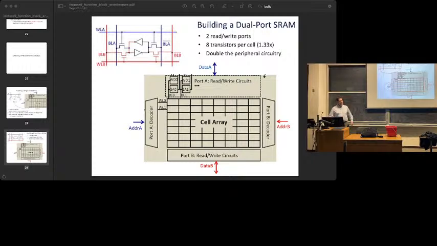And then address B I also decode, and its outputs are hooked up to the other word lines, word line B. And then to do the actual read or write, I need 2 different sets of read-write circuitry. I need my port A read-write circuitry, and I need port B read-write circuitry. Okay, so does that make sense?